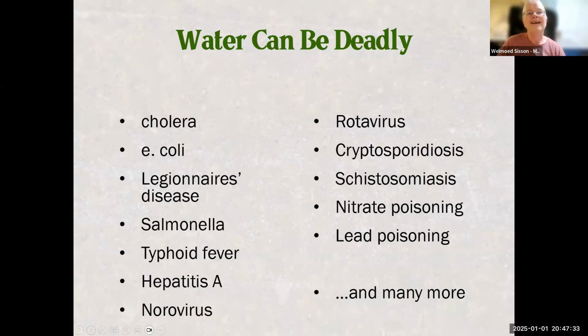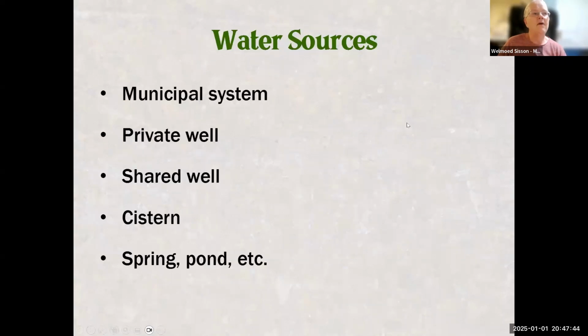And keeping your domestic water supply sanitary is the prime function of the plumbing system. It can have many sources. Most houses, at least in urban areas, are going to be on the municipal system, but you can have a private well. You can have a shared well, a community well. Some developments have community wells that the surrounding individual houses draw on, so it might not just be your well.